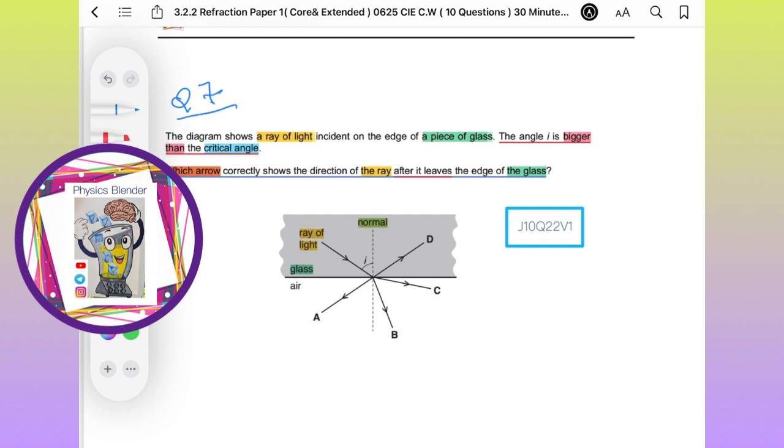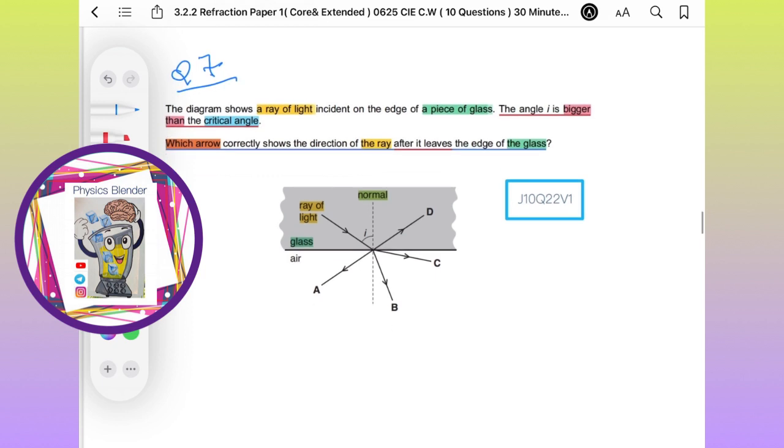Question 7, we are discussing critical angle, the relation between angle of incidence and critical angle. What is the relation between angle of incidence and critical angle? We have 3 cases. Let's revise what are the cases before we read the question.